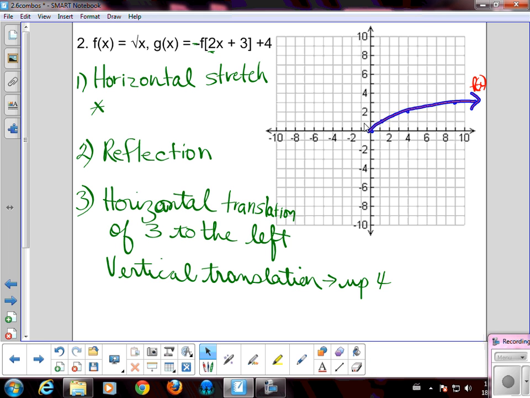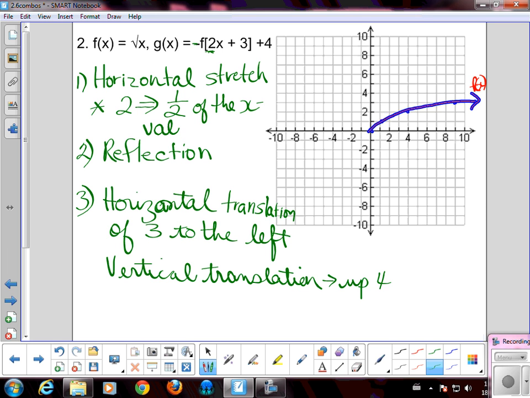Okay, now what we're going to do is remember, when we're talking about horizontal stretches or compressions, we multiply by the reciprocal. So here we have 2, so the reciprocal of the 2 is 1/2. So in fact, it's going to take us half of the x values to get as far as this 3.